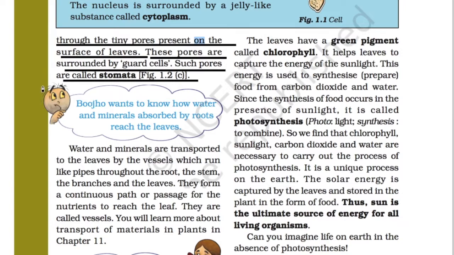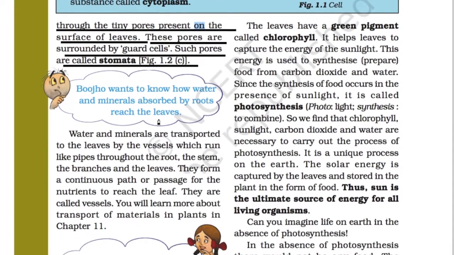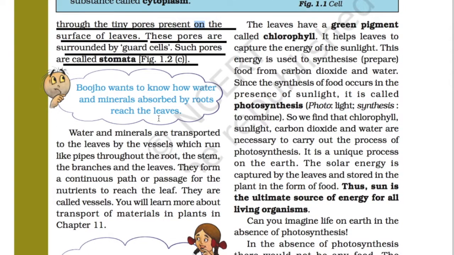Now, just like Bujo, you must be thinking how water and minerals absorbed by roots reach the leaves. I have already answered this question to you. Try to find out. Yes, with the help of the stem, roots transport water and minerals to leaves.